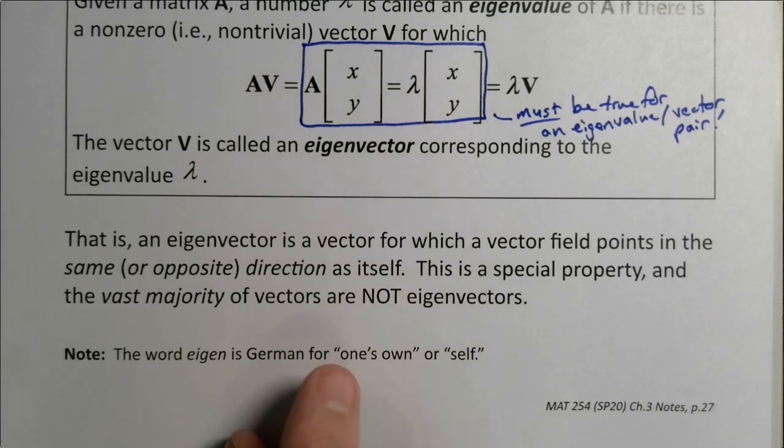Eigen is German for roughly one's own or one's self. And so an eigenvector is a vector that always points back along itself or points out along itself, and an eigenvalue is associated with that. We're going to see how they all fit together on the next page. So in the next video, we'll put it all together and see how it all fits.